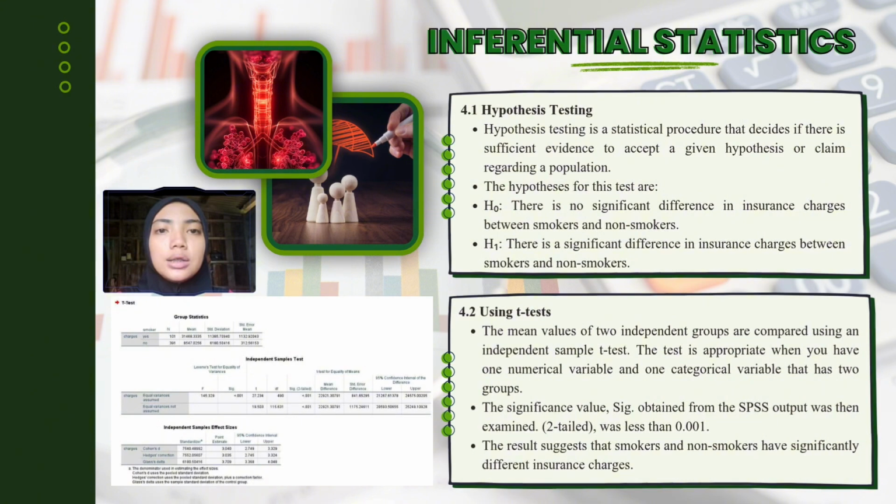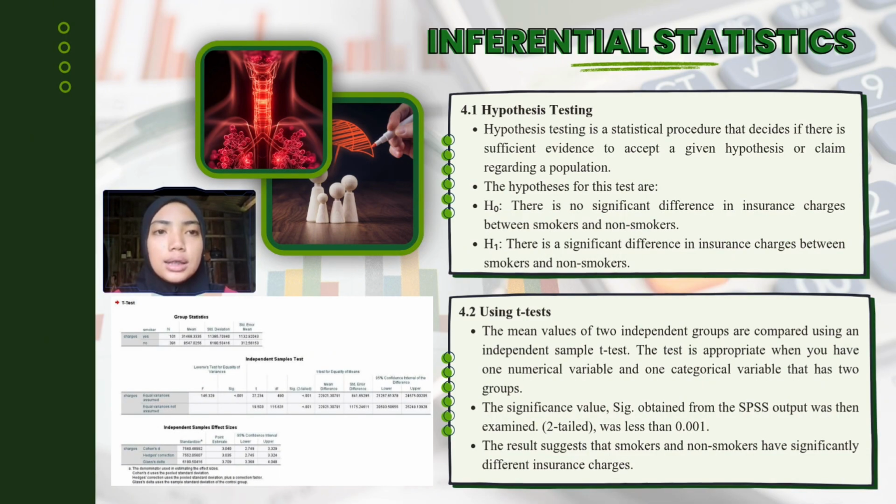Meanwhile, the alternative hypothesis H1 states that there is a significant difference in insurance charges between smokers and non-smokers. This test is important because it enables researchers to make a decision based on statistical evidence rather than assumption, ensuring that the conclusions drawn from the data are reliable and objective.